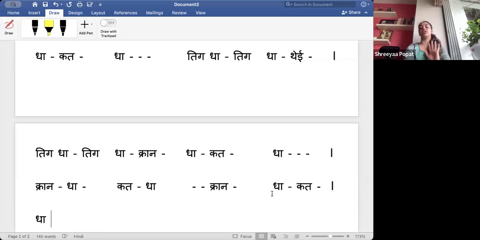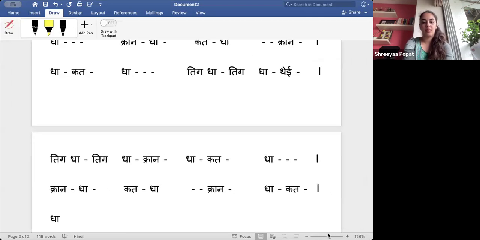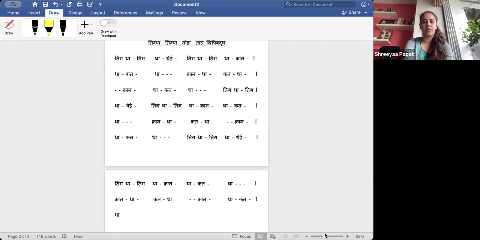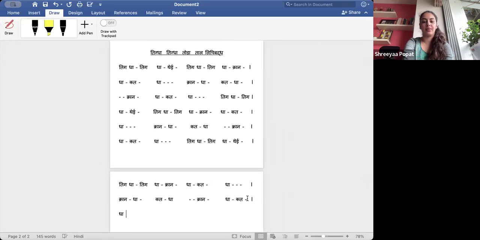You will be left with one extra dha at the end, which is your sam, after you write the whole thing. This is how your whole bowl will look. You can tally it once.